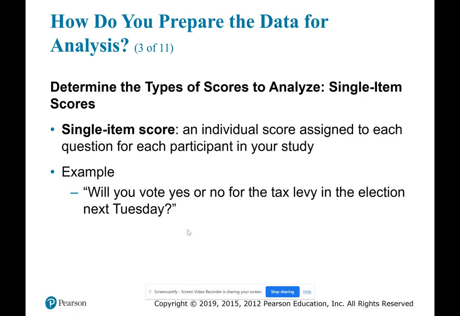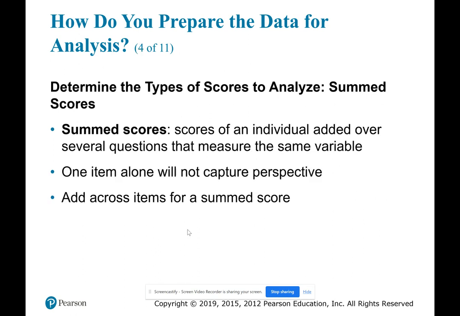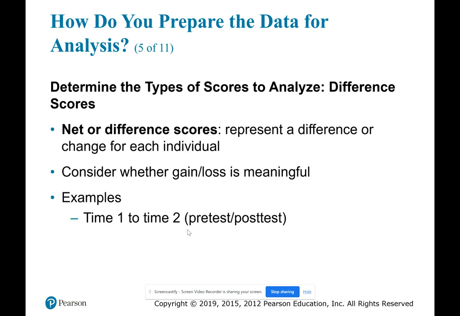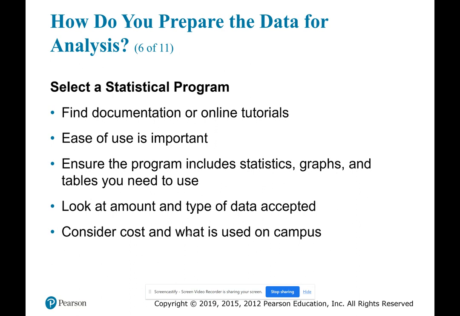In the example, you would give a score of 1 for yes or 2 for no. So it's pretty simple. Then summed scores are scores added over several questions to get a holistic view. Then there are difference scores, and these represent a change in the individual's responses. Like if you did a pre-test and then a post-test, those are examples that would use a difference score.